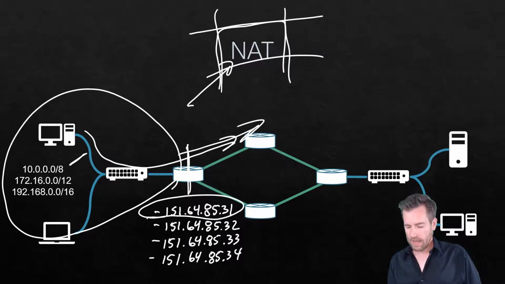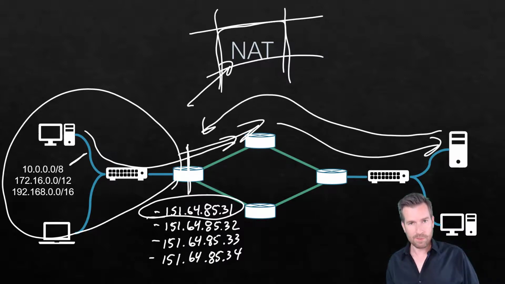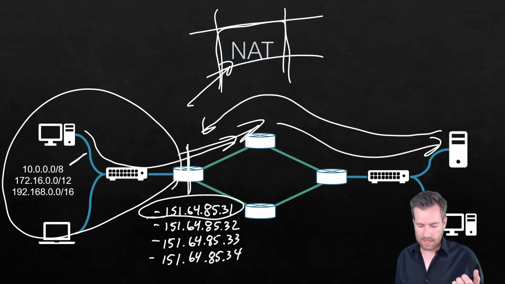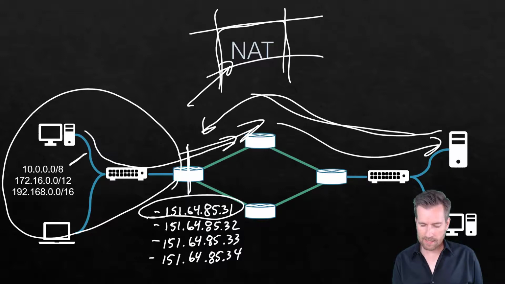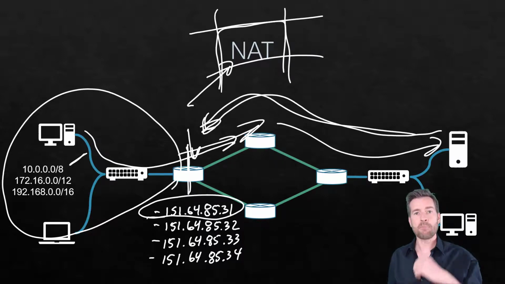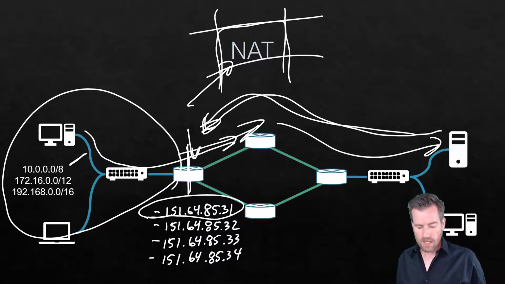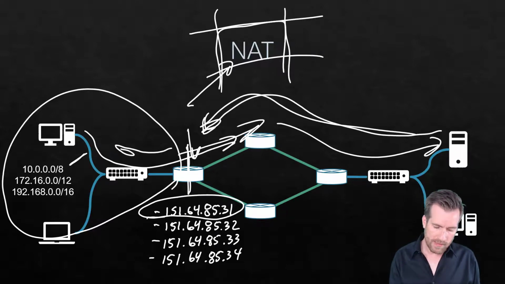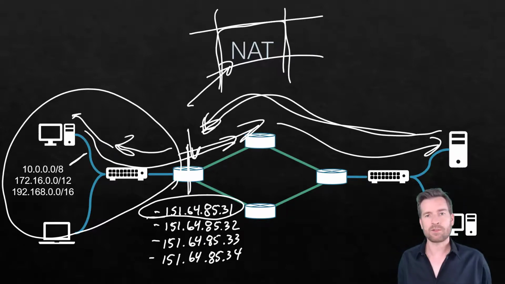That way, when communication happens and the reply comes back, that packet knows how to get back to this router because it's a public address. That router or gateway is going to get that information and translate it back into that private address to get back to your machine.